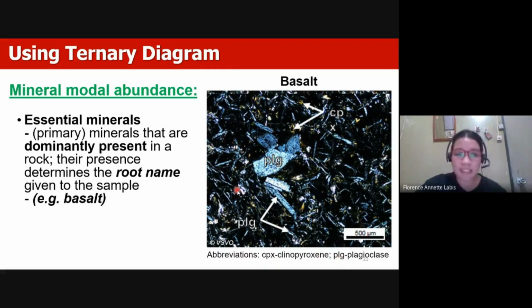So this means that the absence of these primary or essential minerals would invalidate the name of the basalt. So you have to remember that basalt consists primarily of plagioclase. Okay, so when we say basalt, this is basically the volcanic rock that consists mostly of plagioclase and clinopyroxene.